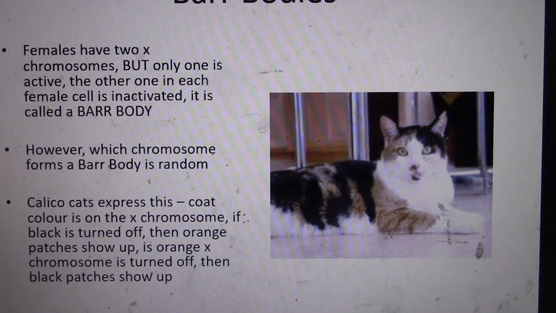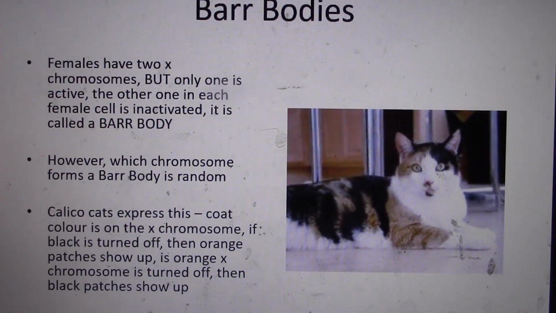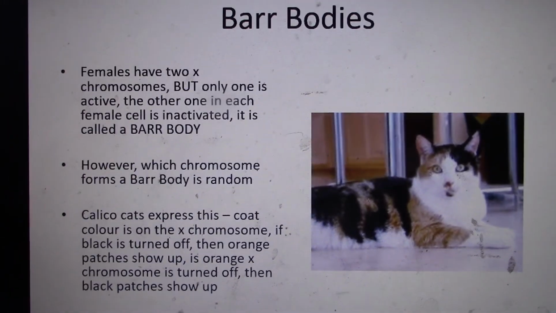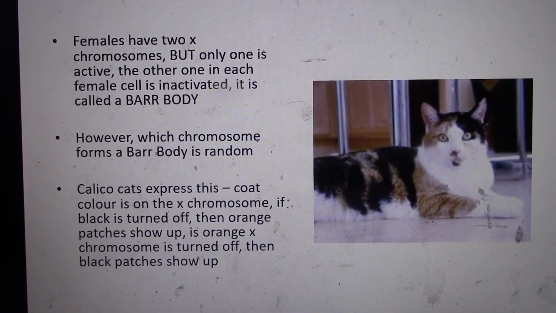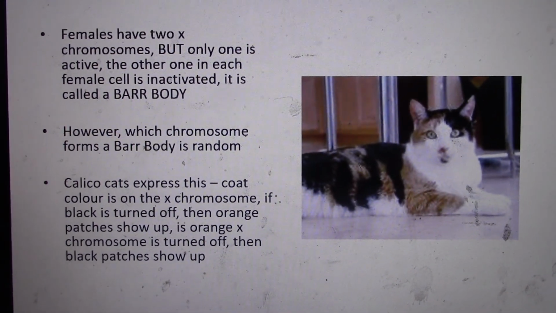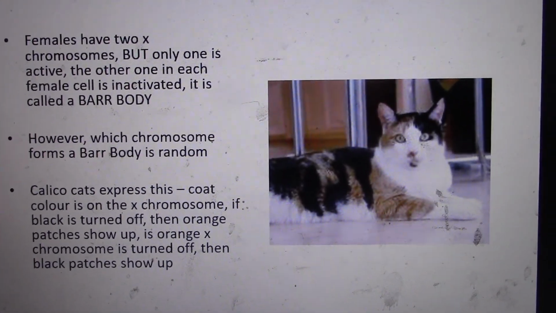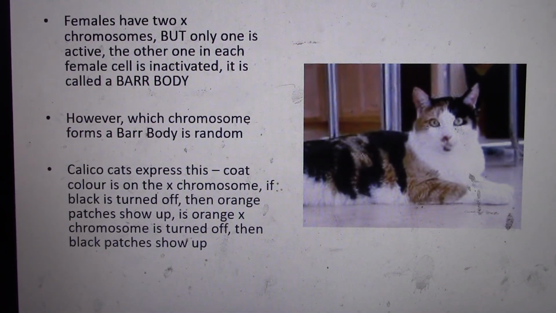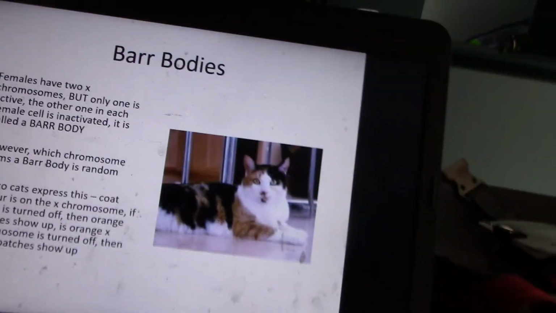Recall that epigenetically, you can have one set of alleles expressed and another one wrapped up. That's what Barr bodies are. So one X chromosome is active and the other one is not expressed. Which X chromosome is expressed is random. And the coloration pattern in calico cats is determined by that because color is on the X chromosomes in cats.